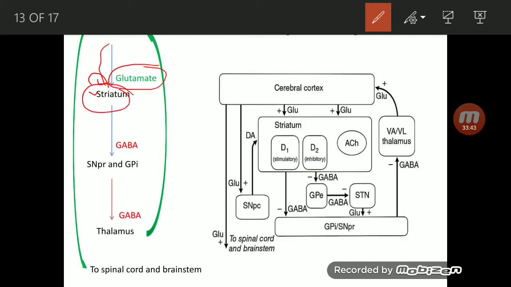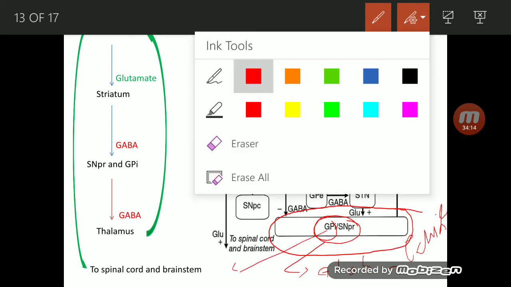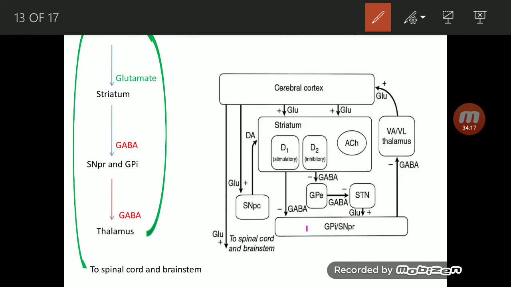One important thing that you need to know is that this SNPR, substantia nigra pars reticulata, and this GPi, globus pallidus interna, are different structures.